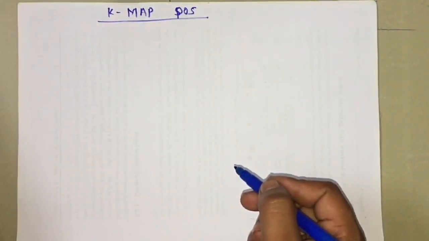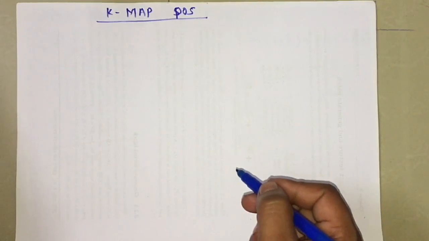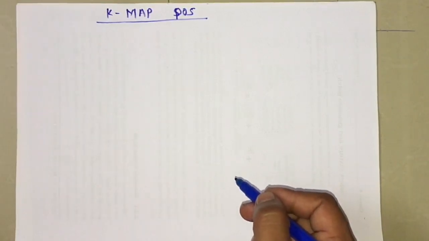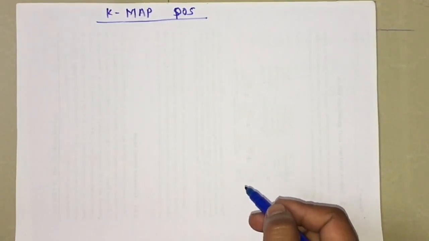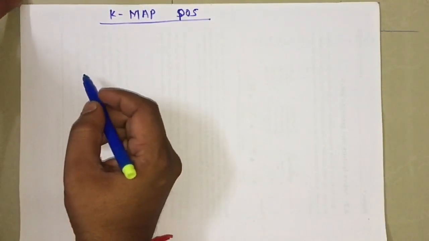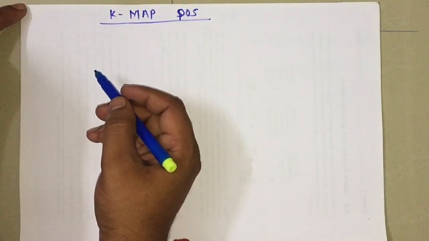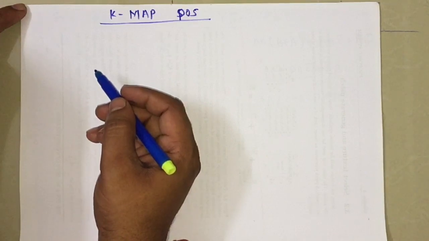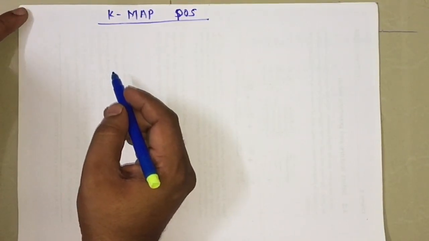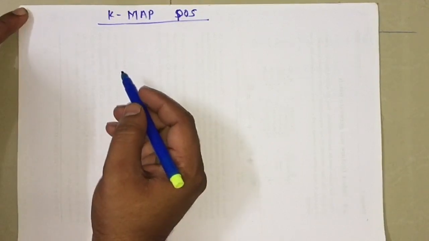Now in this lecture we are going to discuss how to simplify the POS equation by using the K-map. Again, in case of POS type K-map, we have to draw different types of K-map, like 2 variable K-map, 3 variable K-map, then 4 variable K-map.